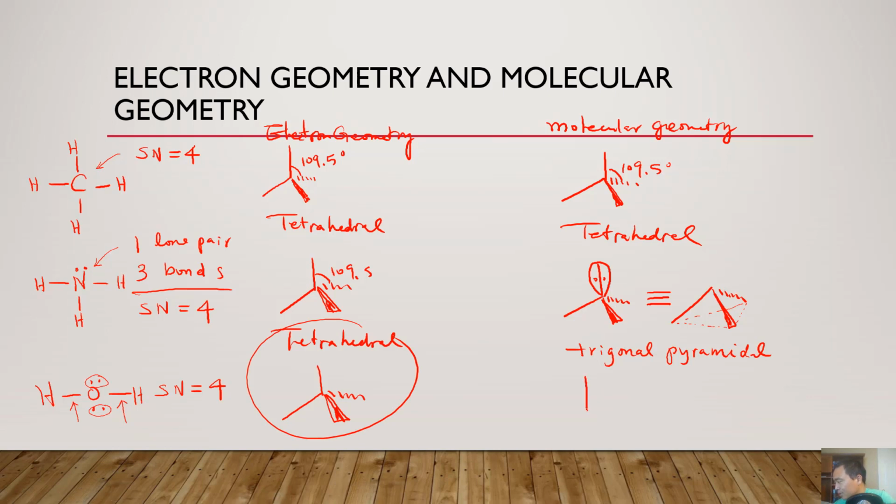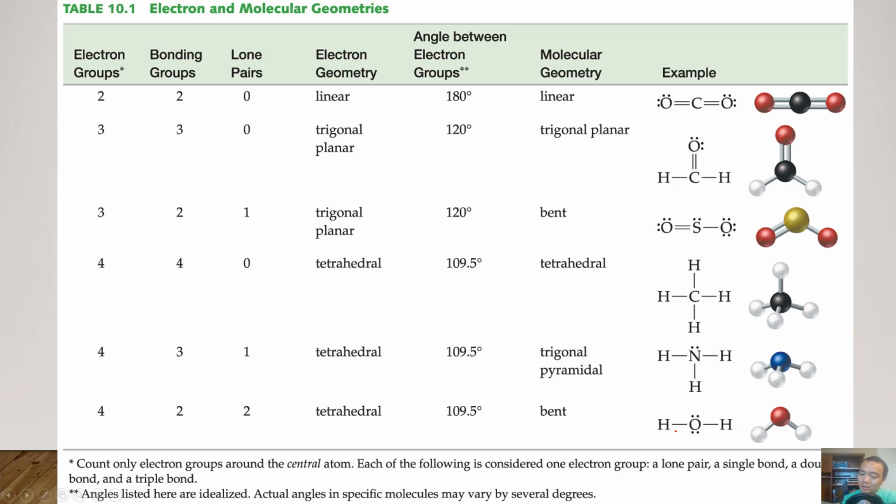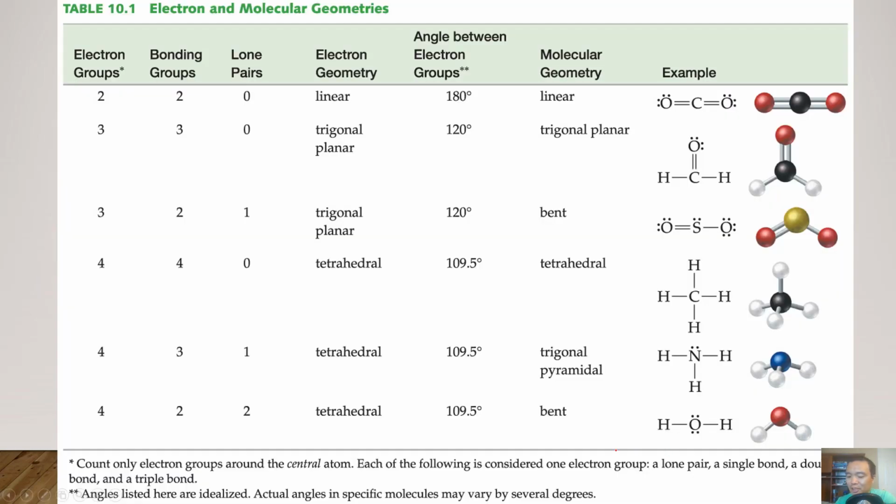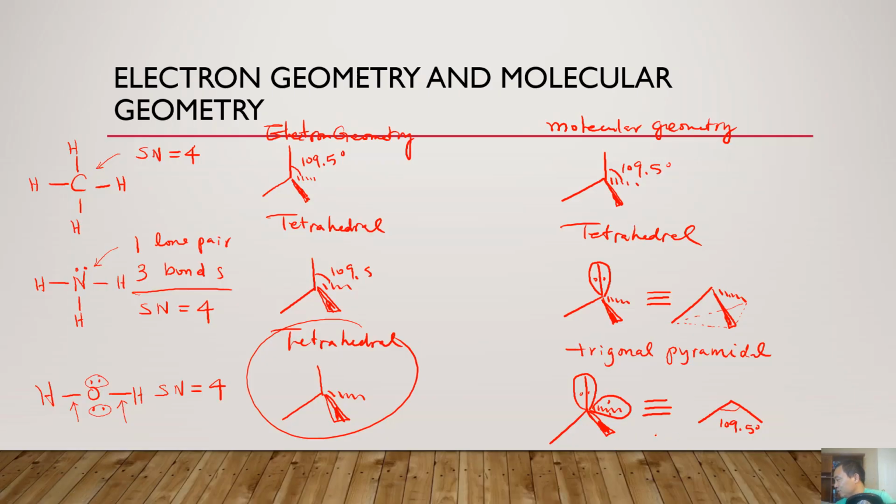However, when you look at the molecular geometry, there are two lone pairs over here. So we use a rabbit ear to represent the lone pairs. Remember, for molecular geometry, we disregard the lone pairs. So for this reason, the molecular geometry is the same as this. The bond angle is 109.5 degrees. And this shape is called a bent shape.